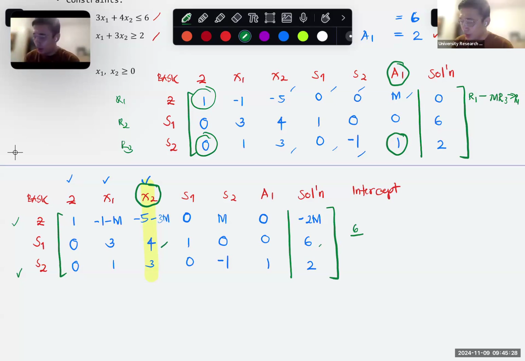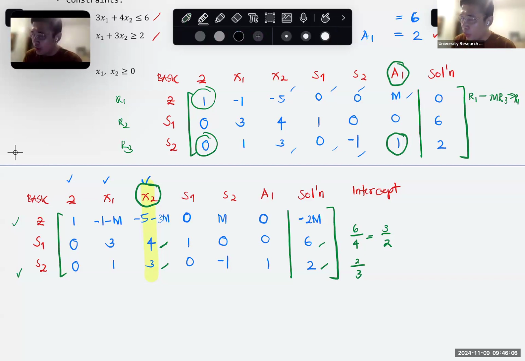In this case, that is 6 divided with 4, that is 3 all over 2. And then for the second constraint, we have 2 divided with 3, so 2/3. So both of them are positive. So pwede silang pagpilian. Pero ang pipiliin natin would be the smallest positive. So 2/3 is smaller as compared to 3 over 2.